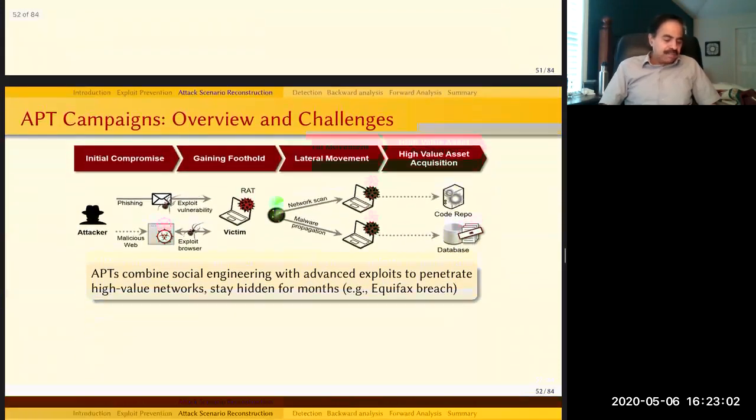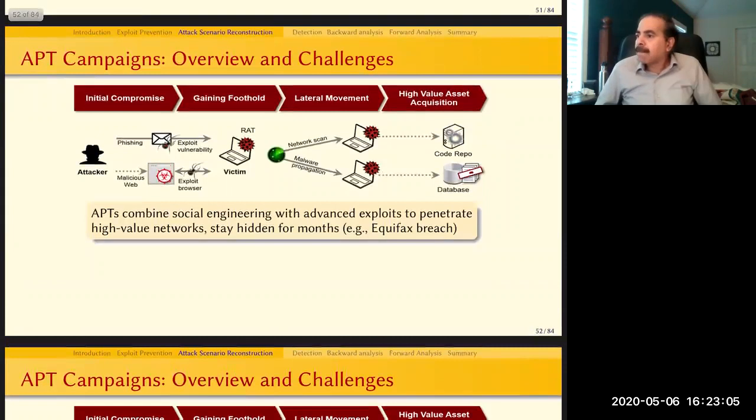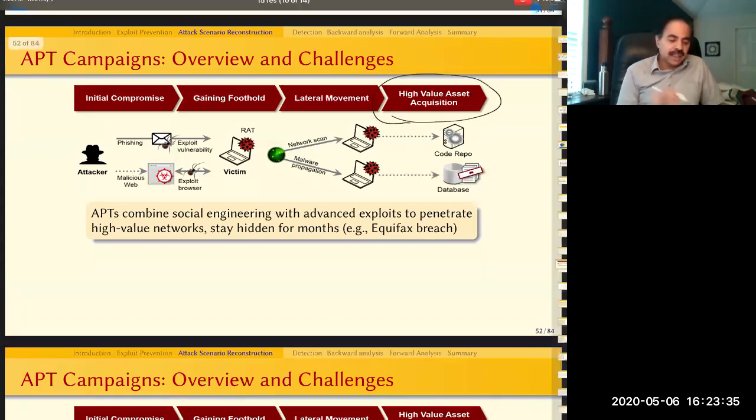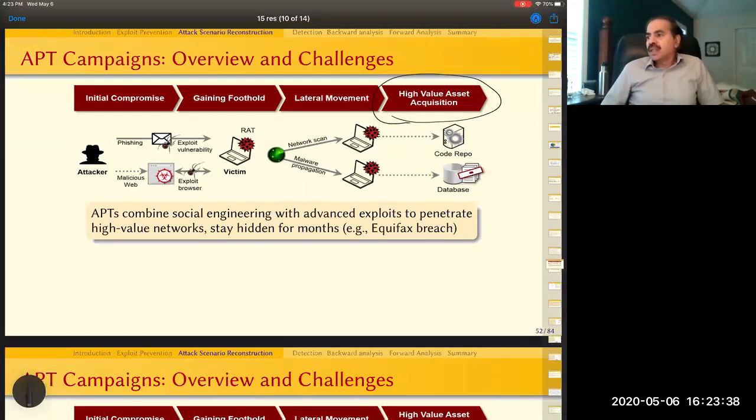Earlier on, I showed you this model of sophisticated attack campaigns where attackers break into an enterprise and stay hidden for weeks or months, and their goal is to carry out damage over that time, or more likely they are interested in high value asset acquisition, which typically is some kind of information such as trade secrets, financial information, account information, things like that.